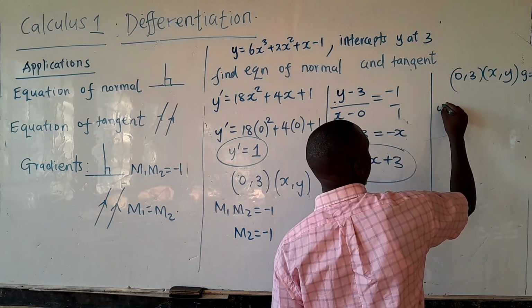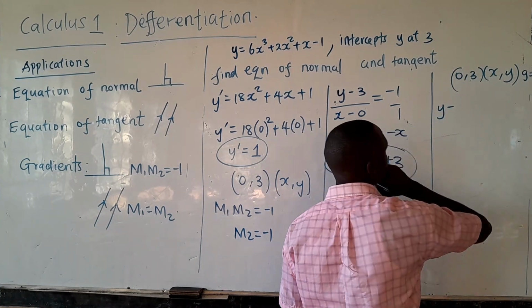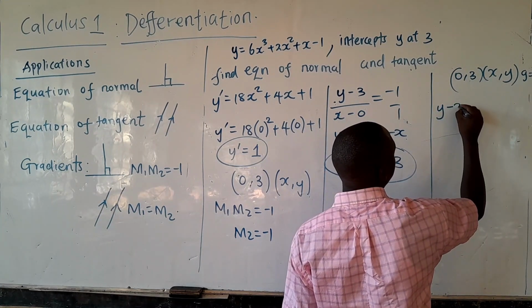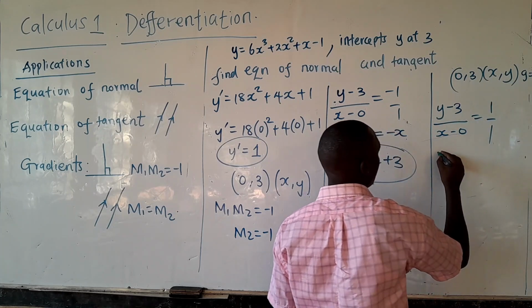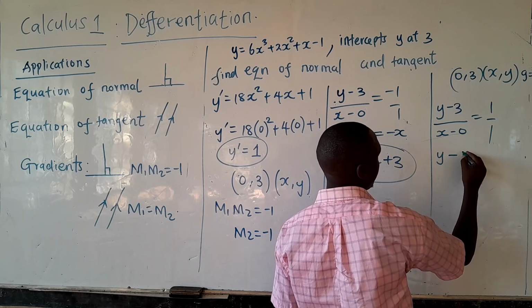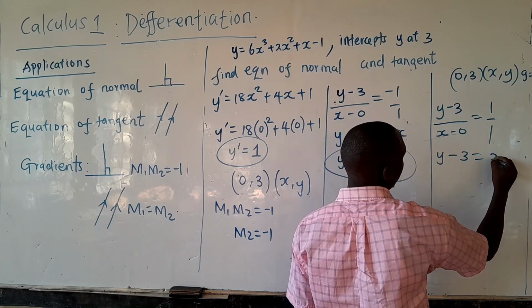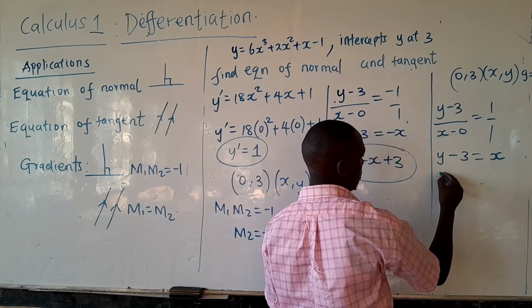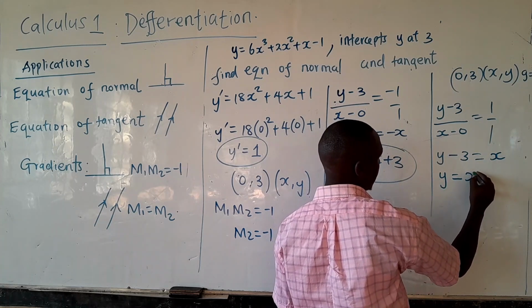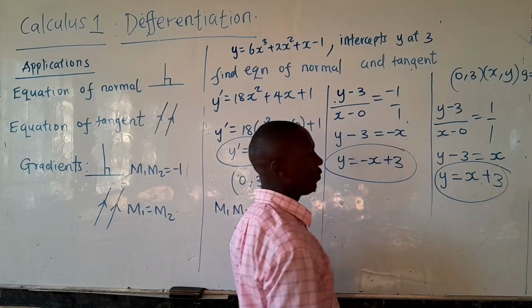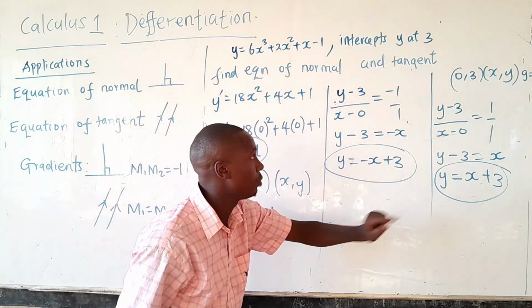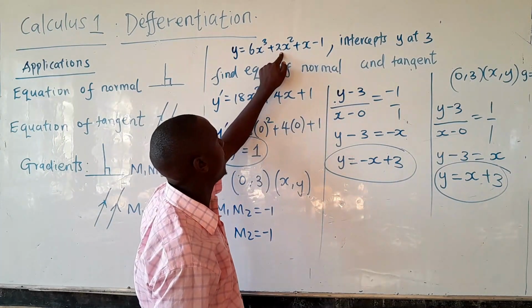That means (y minus 3) divided by (x minus 0) equals 1. So y minus 3 is equal to x minus 0, and y is equal to x plus 3. And that becomes the equation of tangent to our curve here.